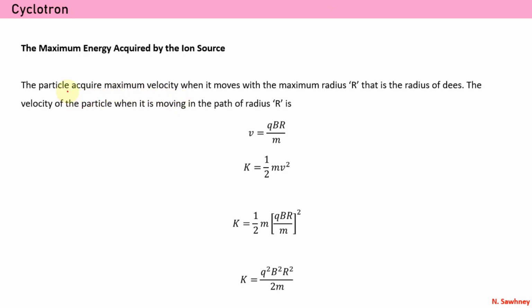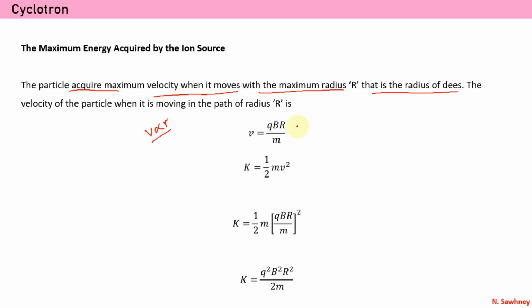When the particle moves with maximum radius, that is the radius of the Ds, then the particle will be acquiring the maximum energy, because we know that velocity is directly proportional to radius, and when radius is maximum, the velocity will also be maximum, and hence its energy will also be maximum.